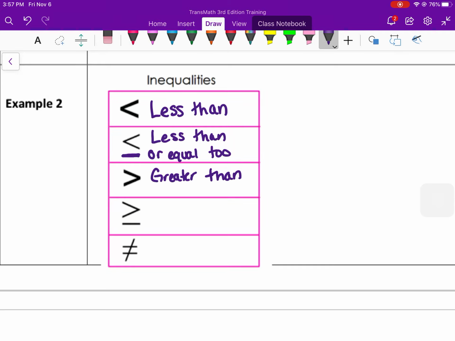If it points to the right and has the bar under it, that is greater than or equal to. And then the equal with the diagonal line through it means not equal. So those are our inequality symbols and their meanings.